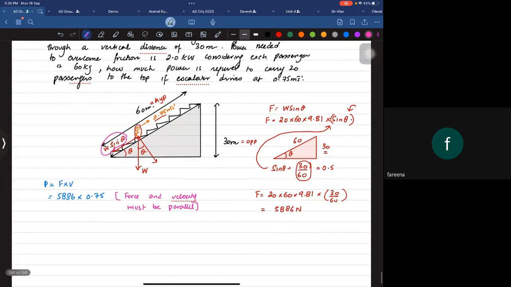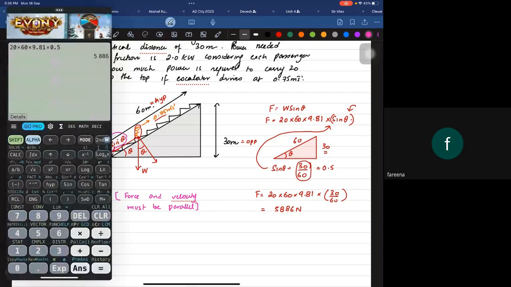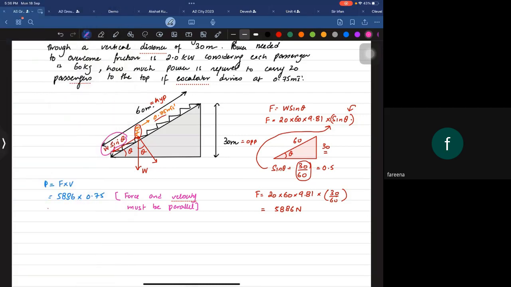Now, if you calculate this, you multiply this value with 0.75, and it's going to give me 4414.5 watts. I'm going to change this into kilowatts, so it's going to be 4.4 kilowatts. Can I write it like that? All right. So this power that we found is to raise people to the top.